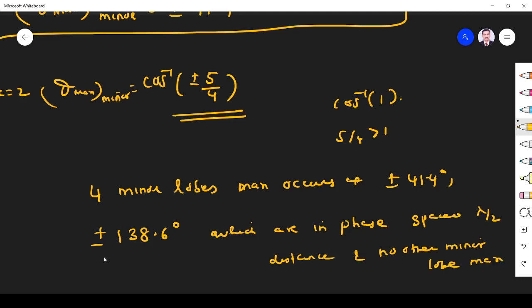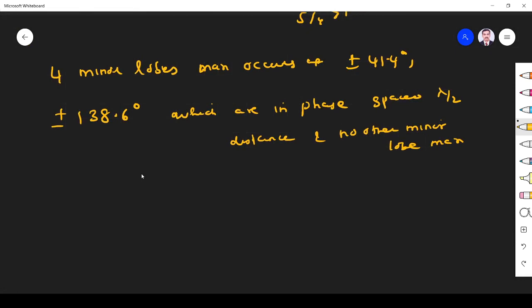So this is the minor lobe maxima direction. We know where the major lobe occurs: for broadside array, the major lobe occurs at theta equal to pi by 2 and 3 pi by 2, right? So this is the major lobe direction.